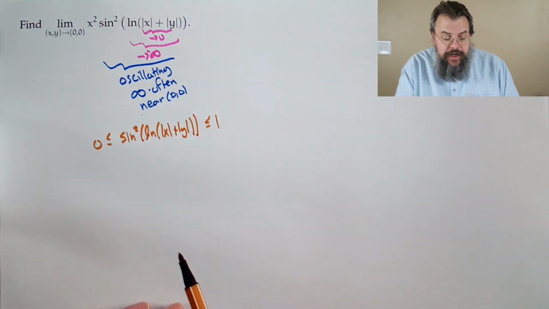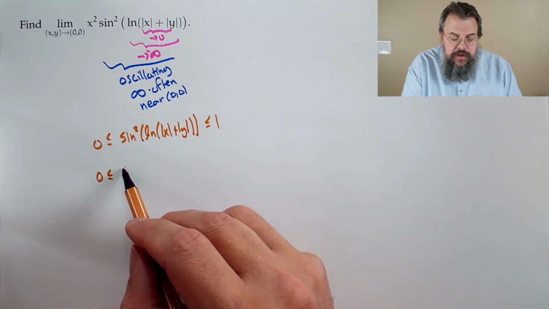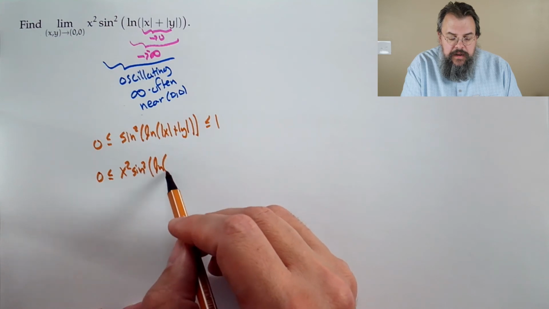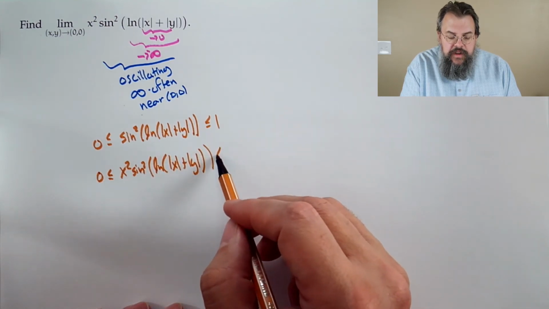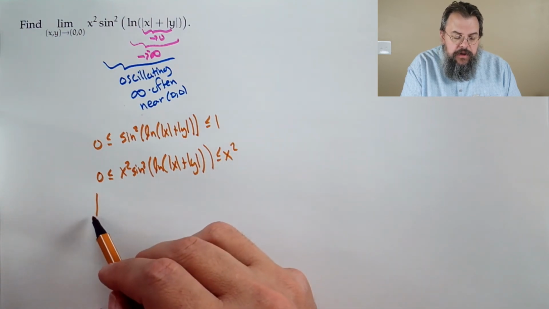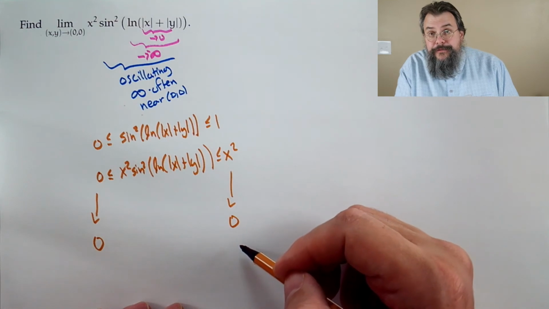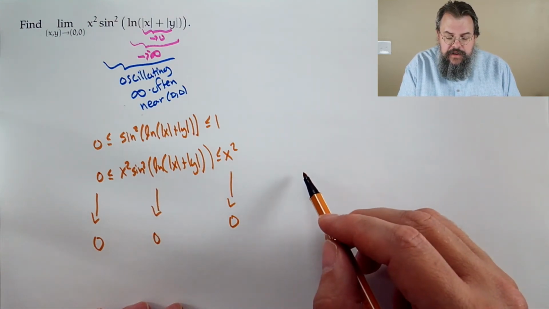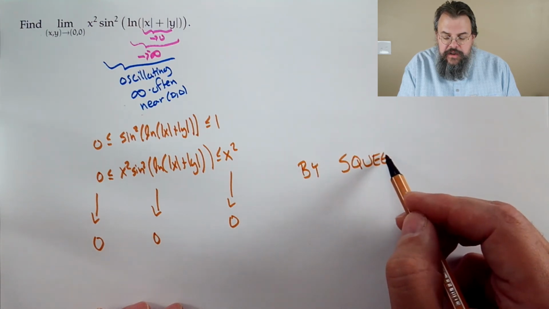Multiply everything by x squared, and lo and behold, 0 less than or equal to x squared sine squared log of absolute value of x plus absolute value of y less than or equal to x squared. And now we do what we did before. The 0 and x squared go to 0, and therefore the thing in the middle also goes to 0. So by squeeze, we are good to go.